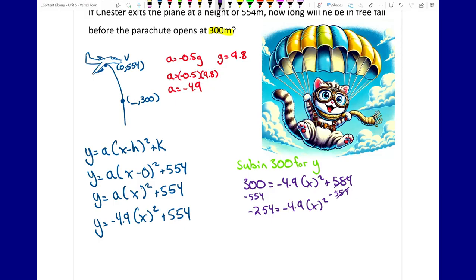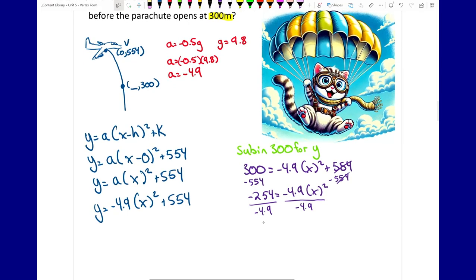Again, I'm trying to solve for x, so I'm going to get rid of this negative 4.9 first. I'm going to divide both sides by negative 4.9, because it's multiplication on one side and the opposite is division. You get 51.8 is equal to x squared.